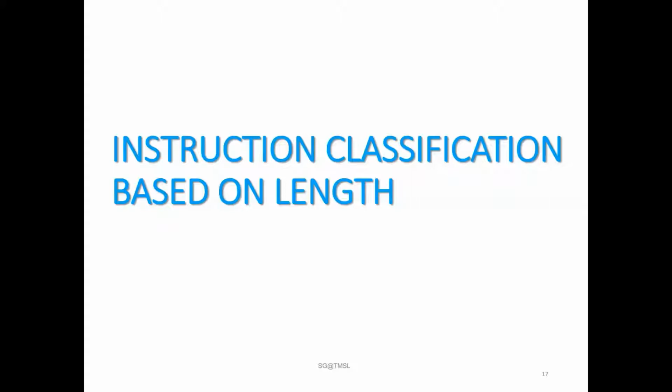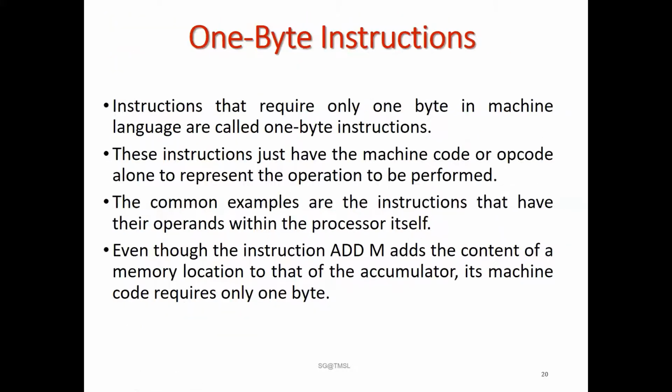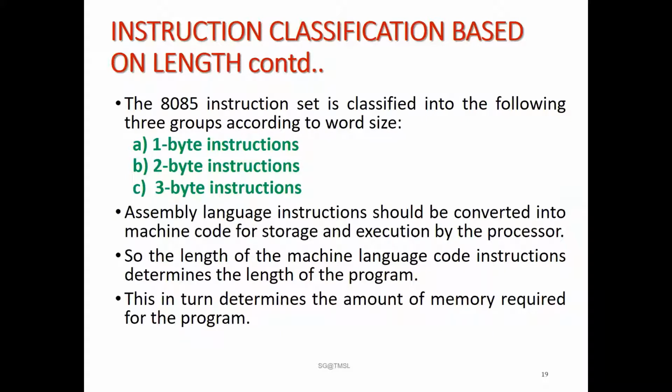Based on the length of the machine language code, 8085 instructions can be classified into 3 categories. Number one, 1 byte instructions. Number two, 2 byte instructions. And number three, 3 byte instructions.